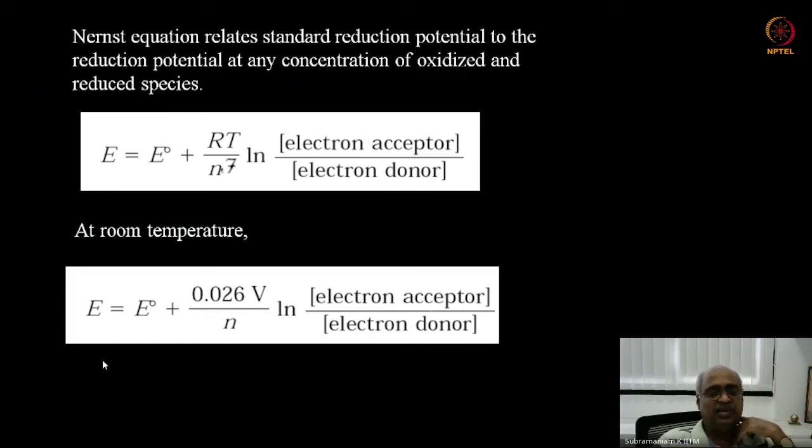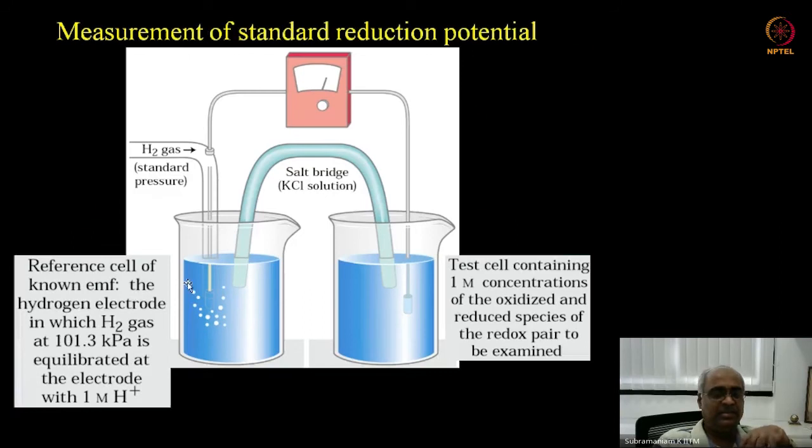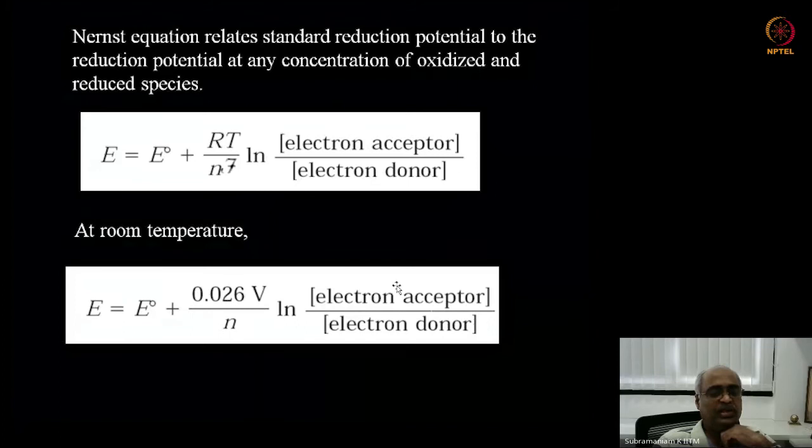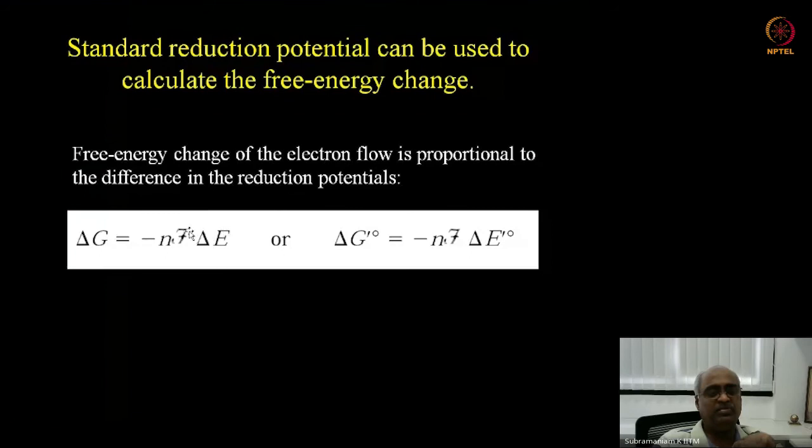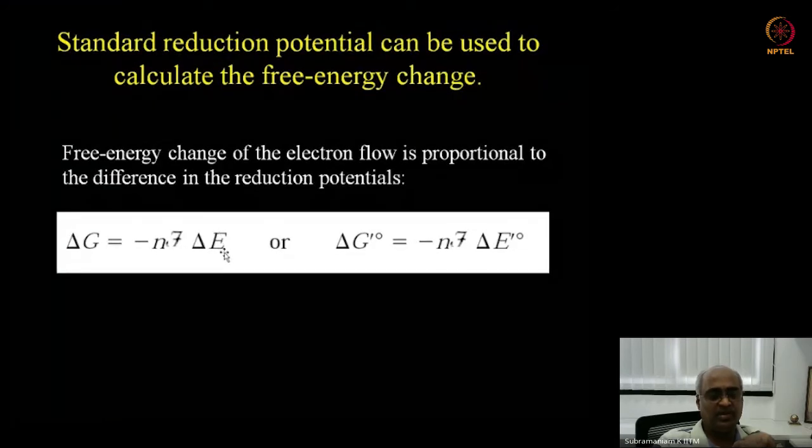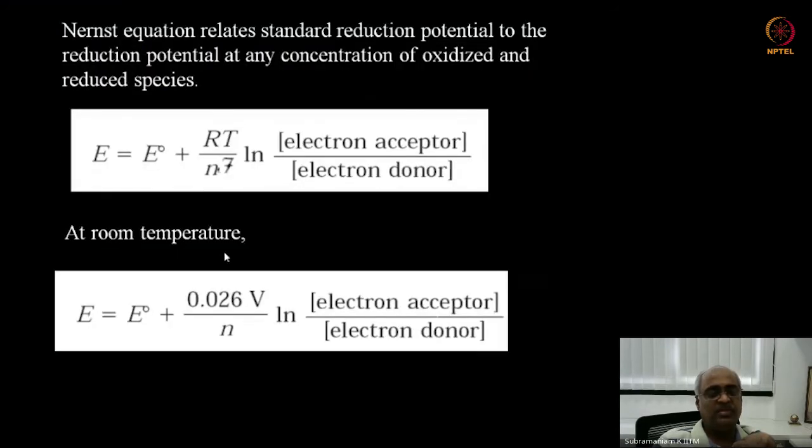And if I have another redox species, let us say redox pair 1 and redox pair 2, then once you have calculated E for both of them, the difference between the two will be the delta E. Normally we calculate the delta E by taking the acceptor, the higher reduction potential, and subtracting the one with the lower reduction potential.